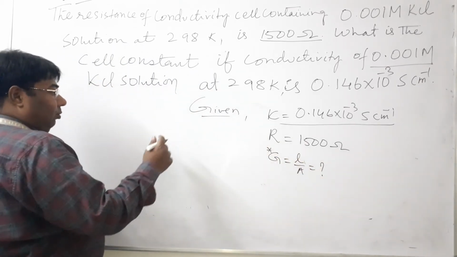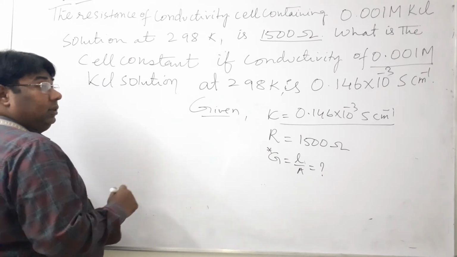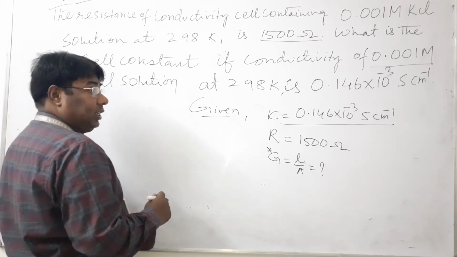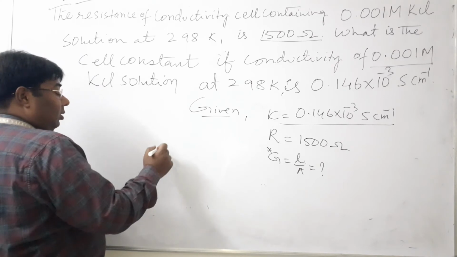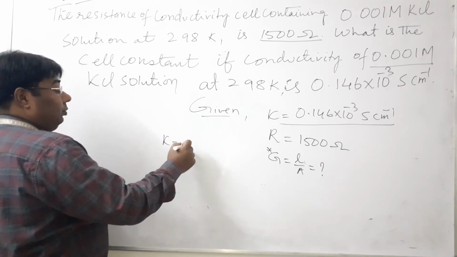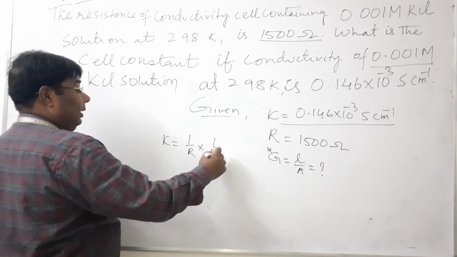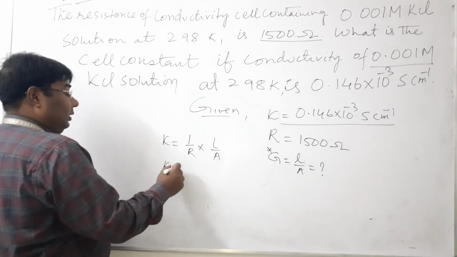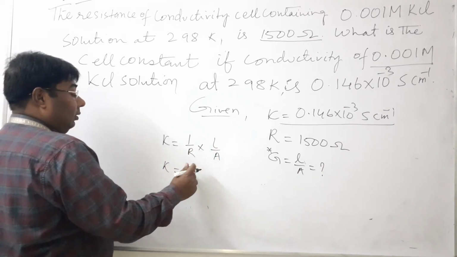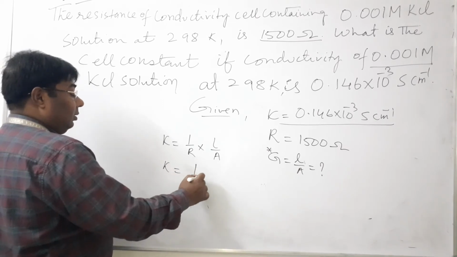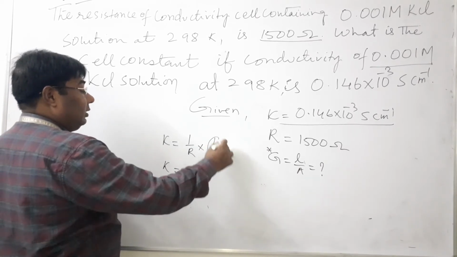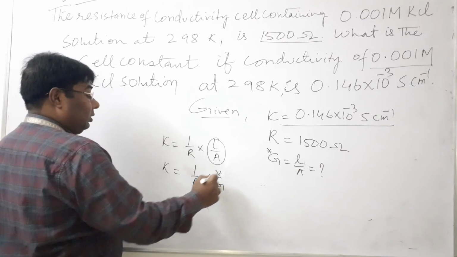Previously this formula was explained. K is equal to 1 by R into L by A, or K is equal to 1 by R into the cell constant G star.